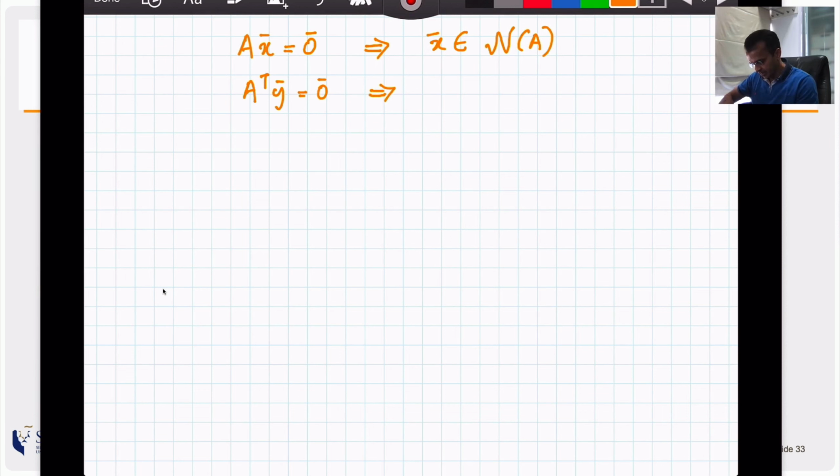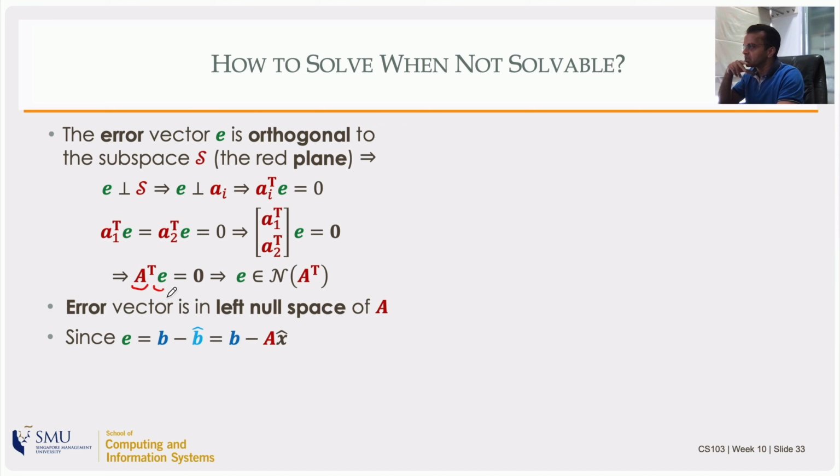So that basically means that the error is actually in the left null space, which we saw because it is orthogonal to the column space by definition. And anything that is orthogonal to the column space is in the orthogonal complement of the column space, and the orthogonal complement of the column space is the left null space. Error vector is in left null space.